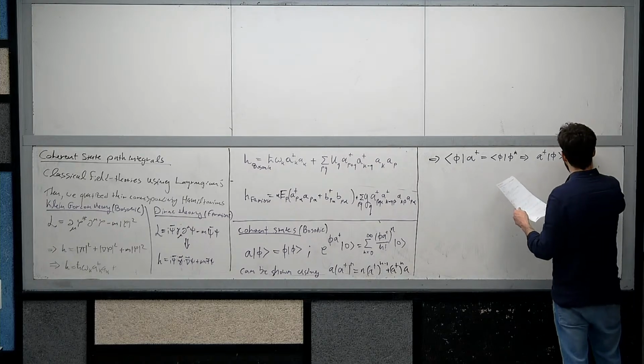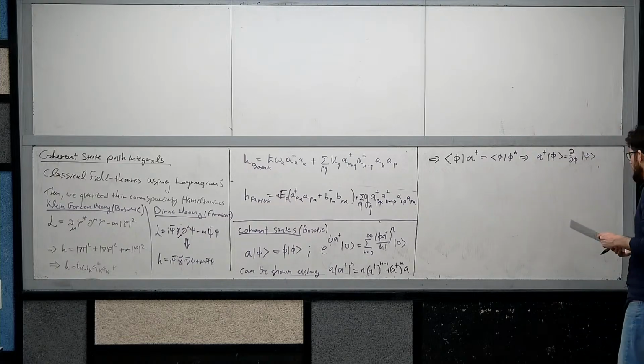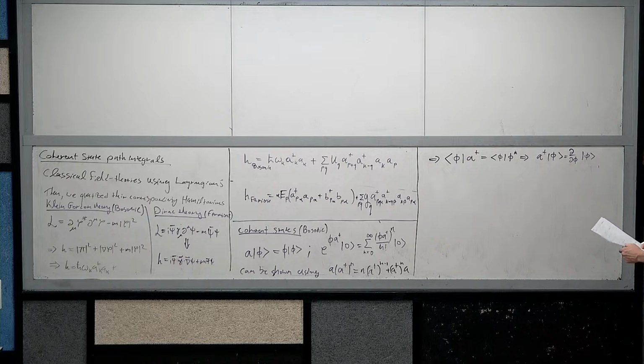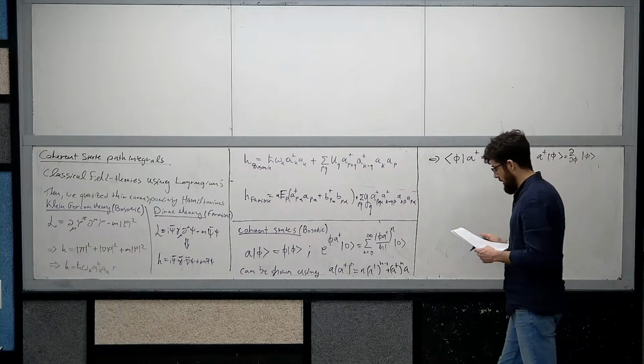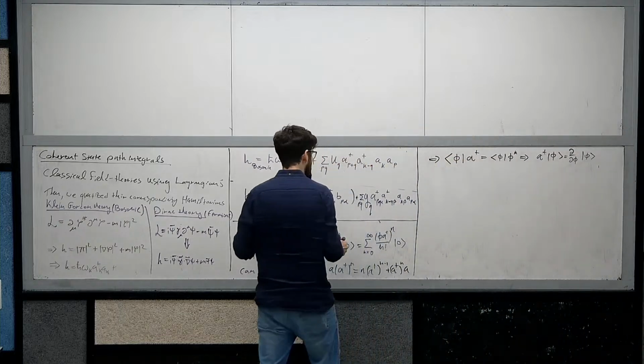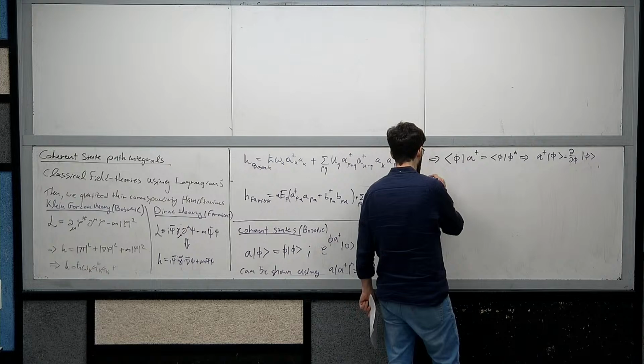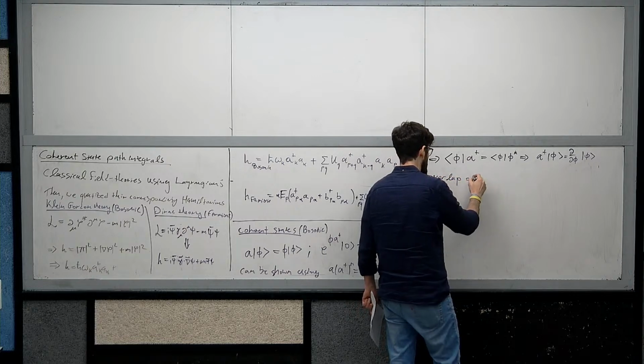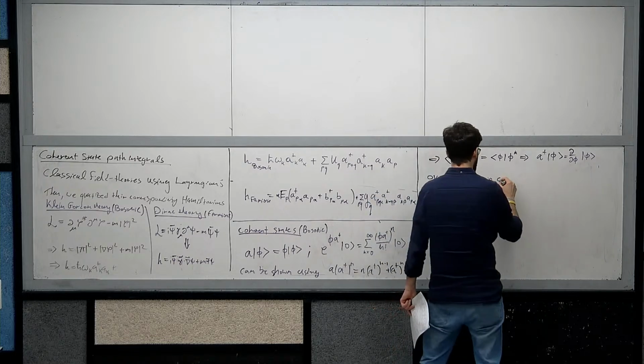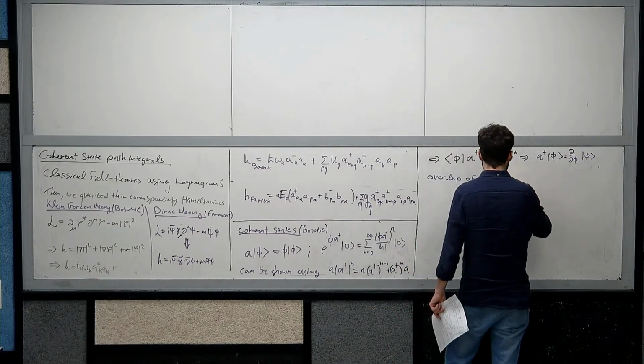Okay, so this is d to d phi in the space of these phis. Okay, let's see what else do we have. And now we can also work out overlap of two coherent states.